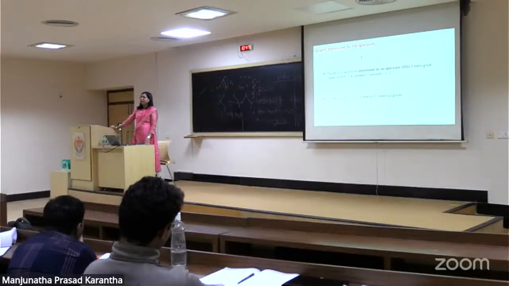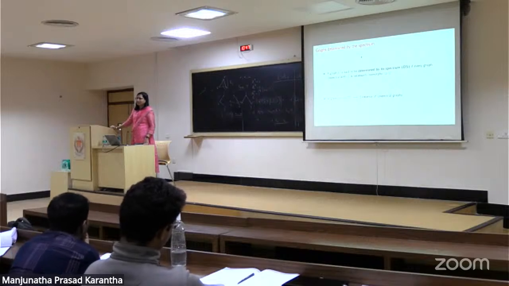If there is no other graph with that spectrum, then we say the complete graph is determined by its spectrum. But if not, then you have another graph with the same spectrum, and these two graphs are known as co-spectral. Two graphs having the same spectrum are known as co-spectral.